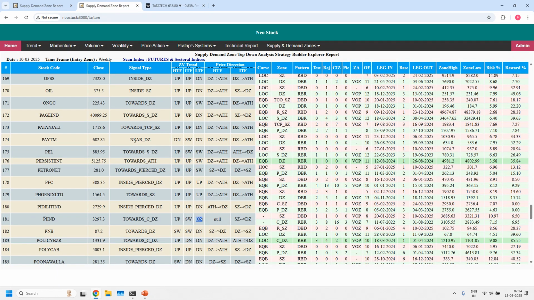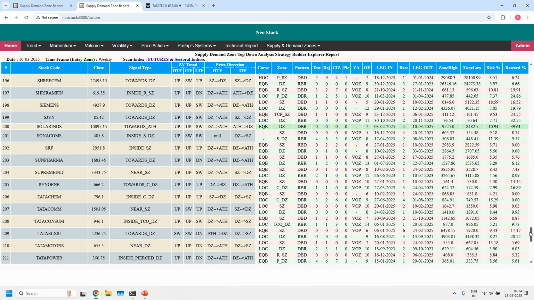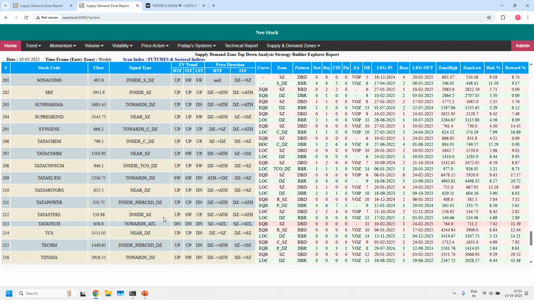Look into Tata Technologies. Tata Tech. This is the supply zone. 10 February 2025, one base candle.